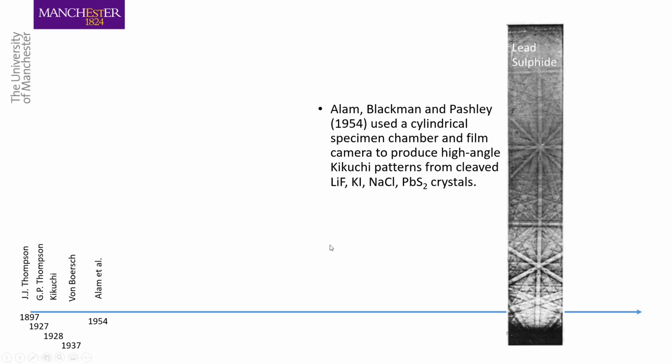The one shown here is of lead sulfide. You can see a huge capture angle, and they basically put a film in there, snapped one, and then had to open the chamber, take it out and develop it. So it's not an easy task to do something like this.